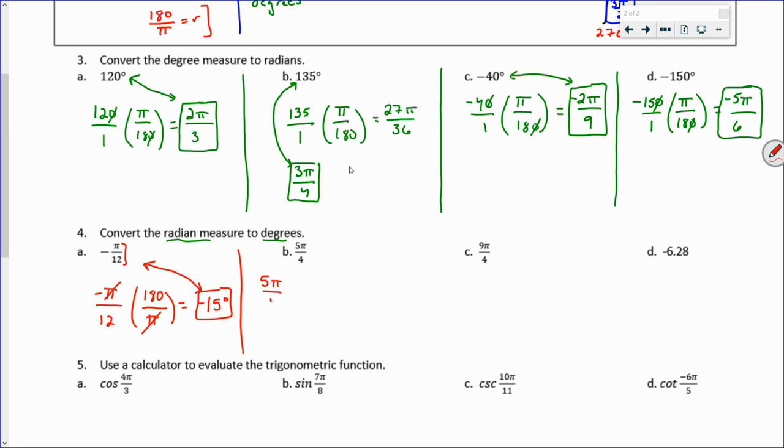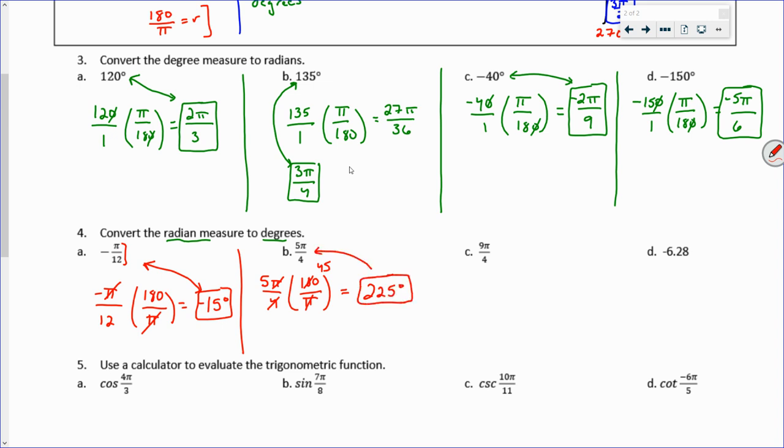5 pi over 4, 180 over pi, divide top and bottom by 4. 4 by 4, I get 45 times 5, 225 degrees.